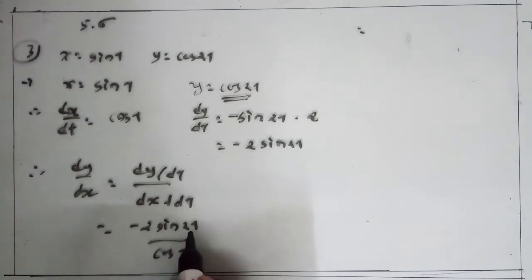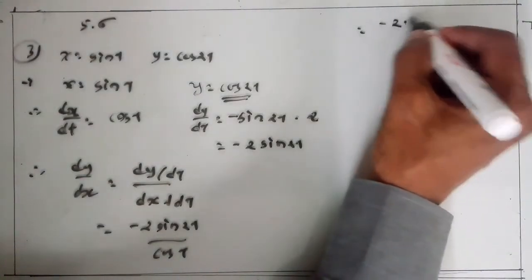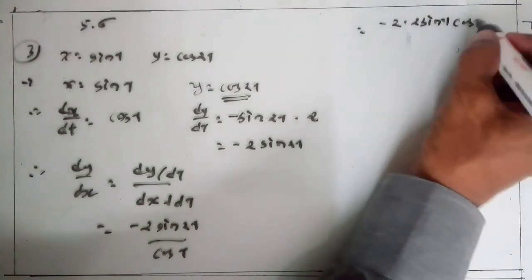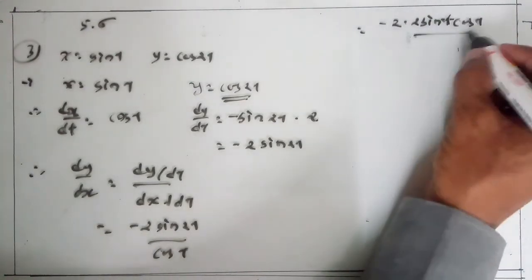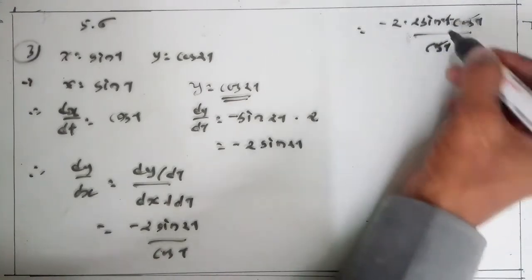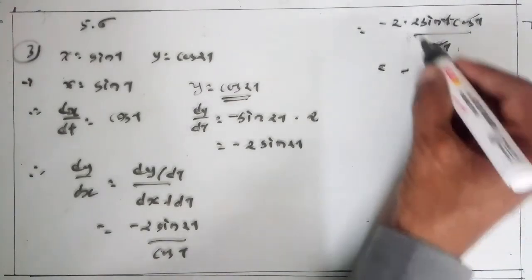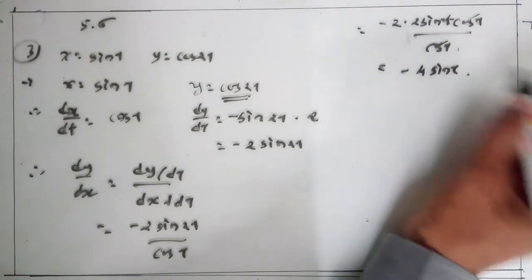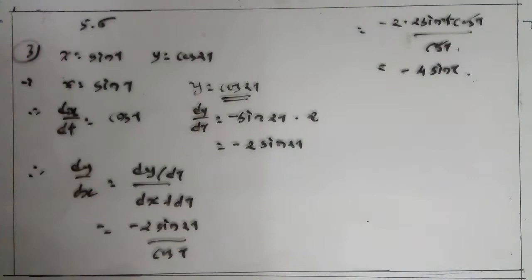We know that sin 2t is equal to 2 sin t cos t, upon cos t. cos t from both cancel, so we get minus 2 into 2, which becomes minus 4 sin t. Answer. Clear? So think how to get the derivative of a parametric equation.